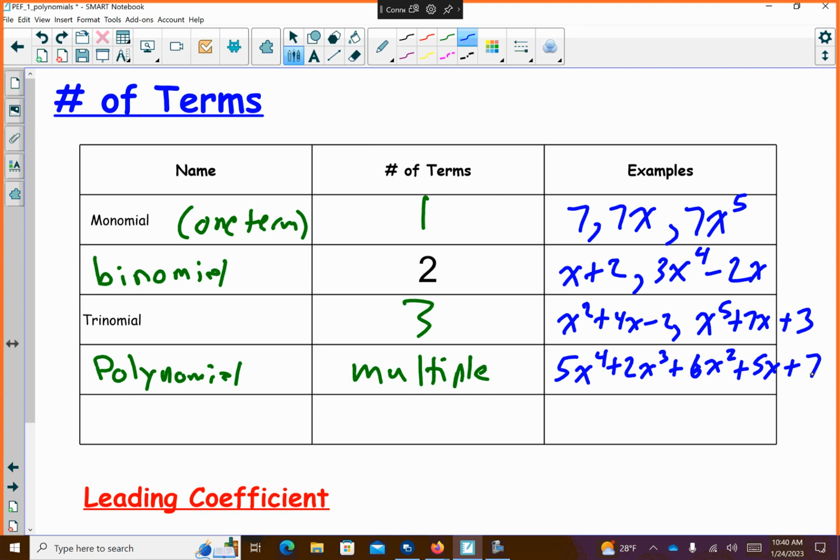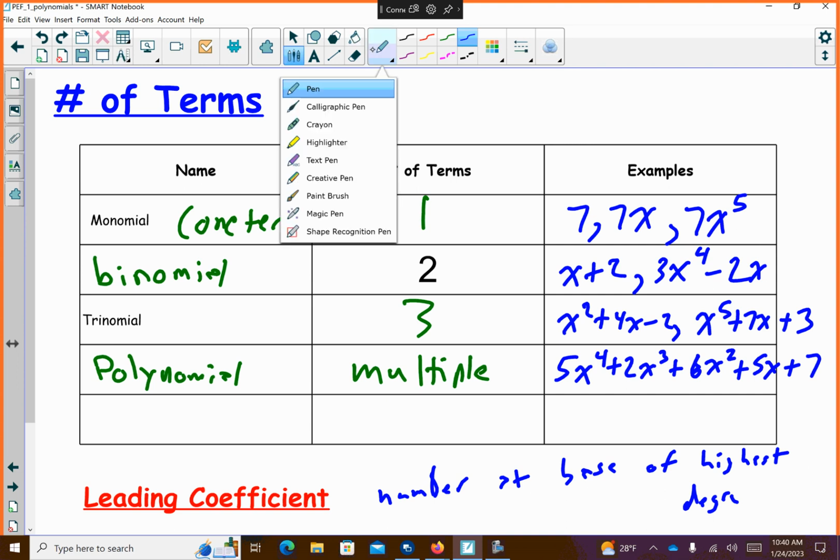Now, these aren't the most important things in the world, but the leading coefficient is the number at the base of the highest degree. Okay?